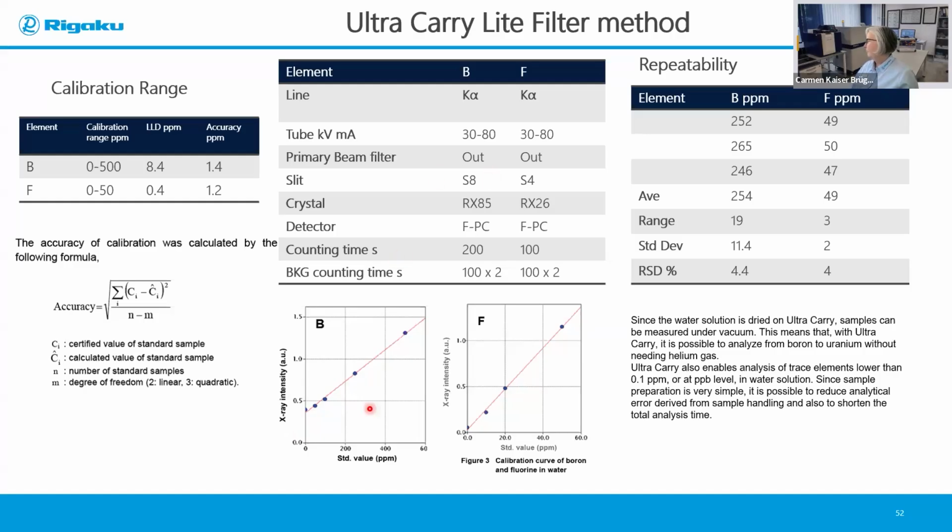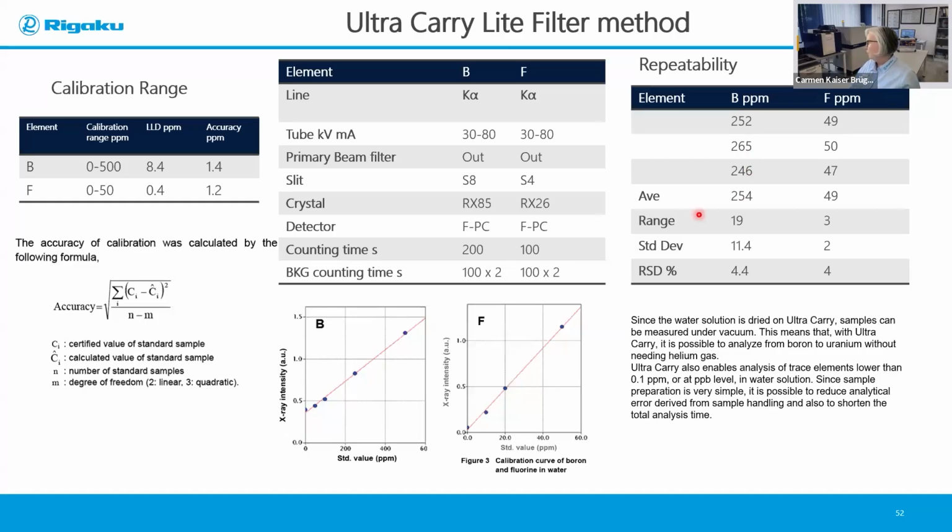So once we have created this calibration, we can then of course measure our water samples in the same way, with the same preparation. And here you can see some examples for boron. We created the measurements 3 times. And you can see on average what the result would be for boron and fluorine in this particular water sample.